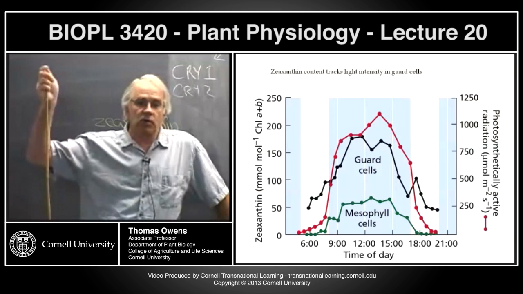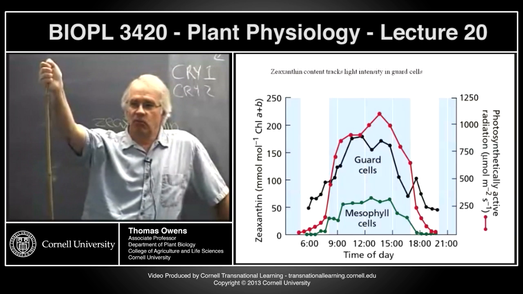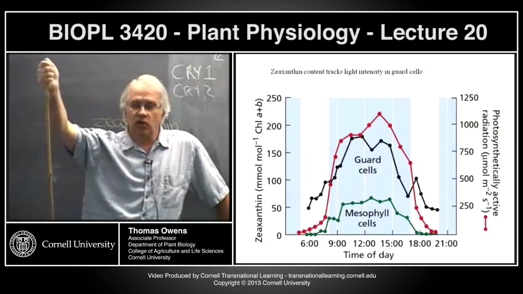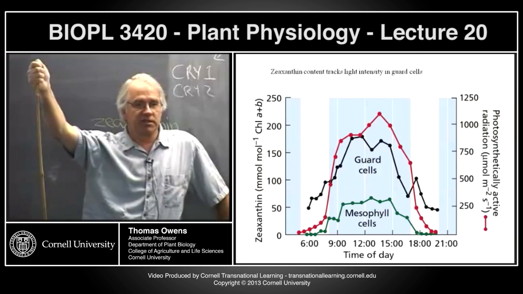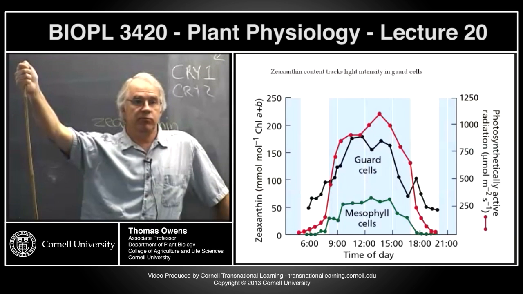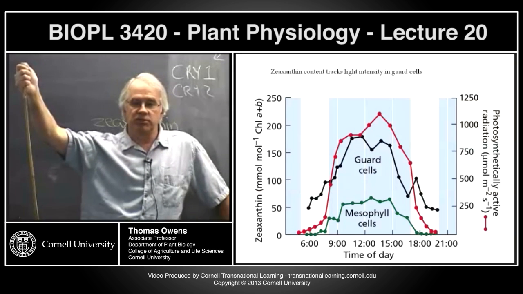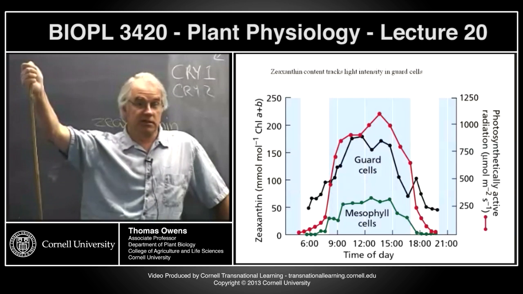A lot of you asked questions about this because what was in the textbook didn't make a whole lot of sense. And I completely agree with that. I think it's fair to say that Zeiger has had difficulty pushing this zeaxanthin control of stomatal aperture in the real scientific literature.